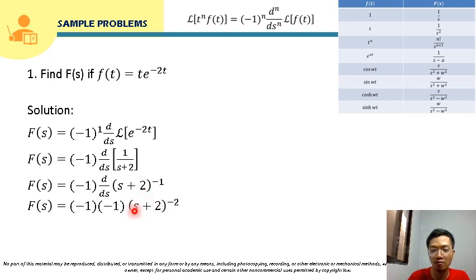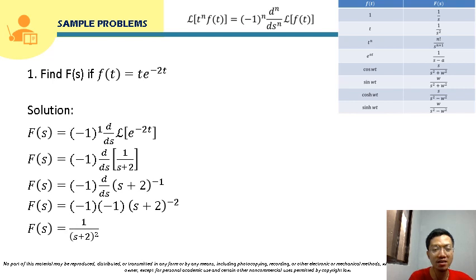What's the derivative of s? That is just 1 with respect to s, and the derivative of 2 is 0. So the derivative of s plus 2 is 1, and this is just multiplied by 1. We did not show it here, but obviously it stays the same.